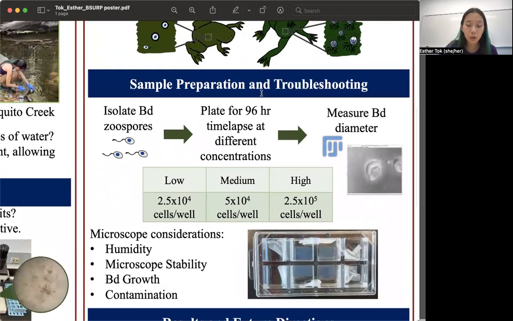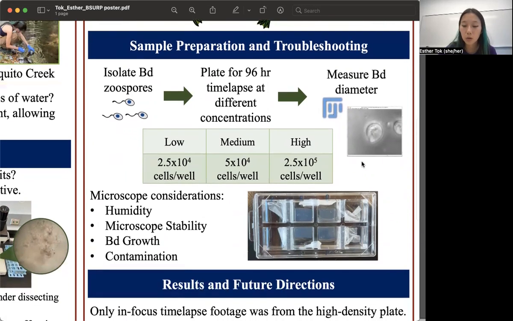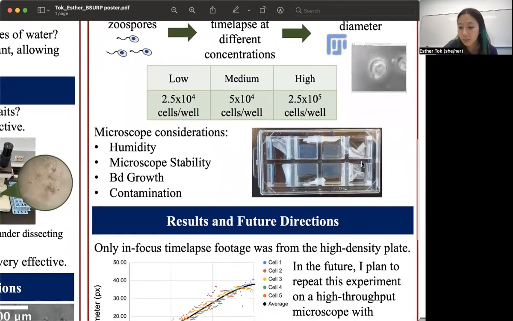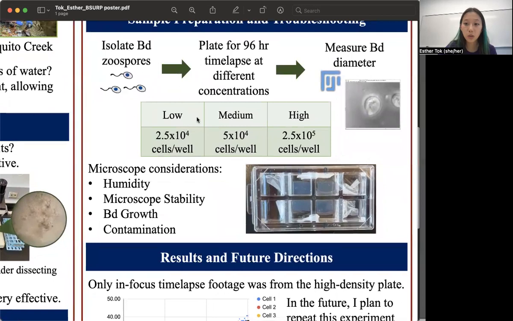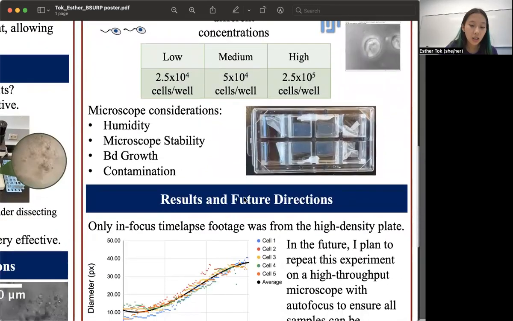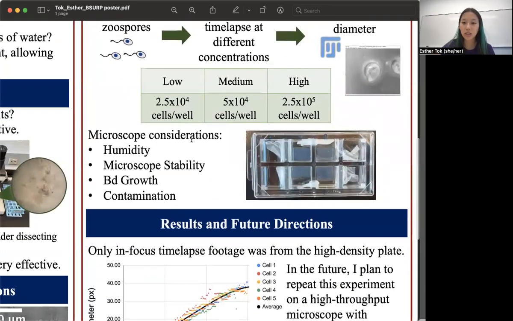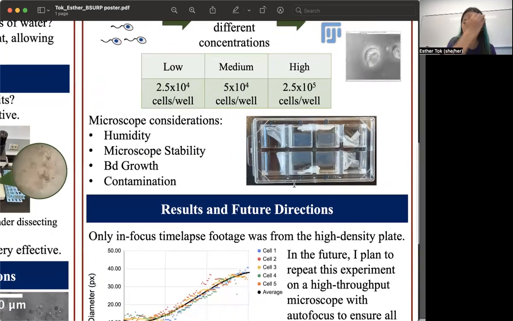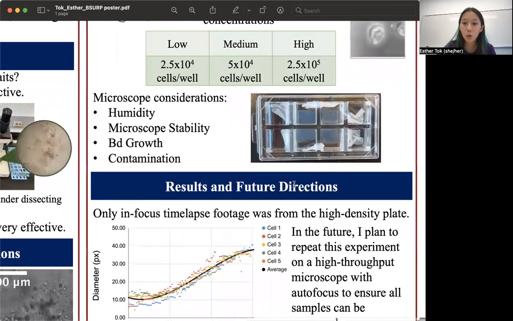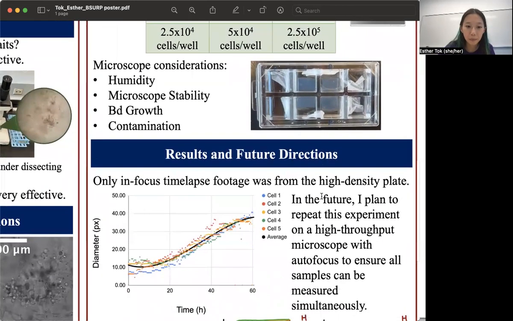So we did this experiment by first isolating the zoospores, and then plating them at different concentrations, low, medium, and high, and then measuring the diameter of those cells using a software under the microscope. So we did do a lot of optimization for a bunch of different conditions for the microscope, and eventually we were able to figure out a way to get those time lapses to record pretty consistently and robustly.